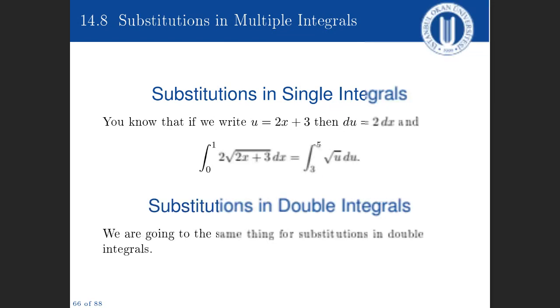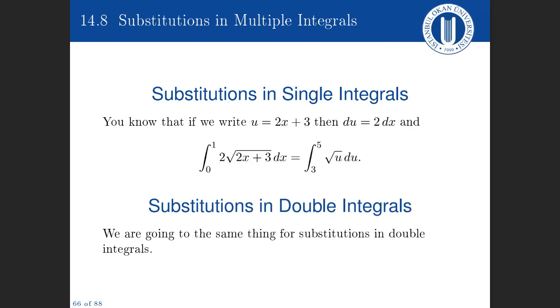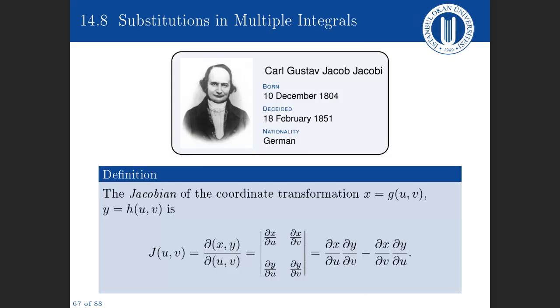I want to do the same thing in double integrals. First, we need something called the Jacobian. The Jacobian of a coordinate transformation, x is equal to g(u,v) and y is equal to h(u,v), is this. There's 2 ways to write this.